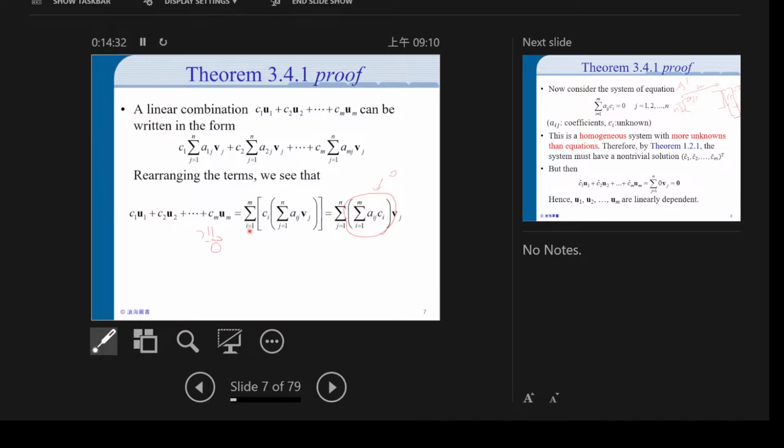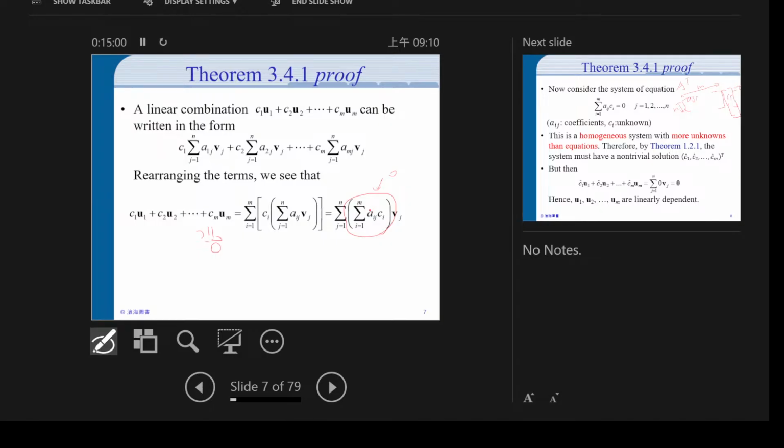Then we look at this thing. So this thing here is now a sum over coefficients on Vj.